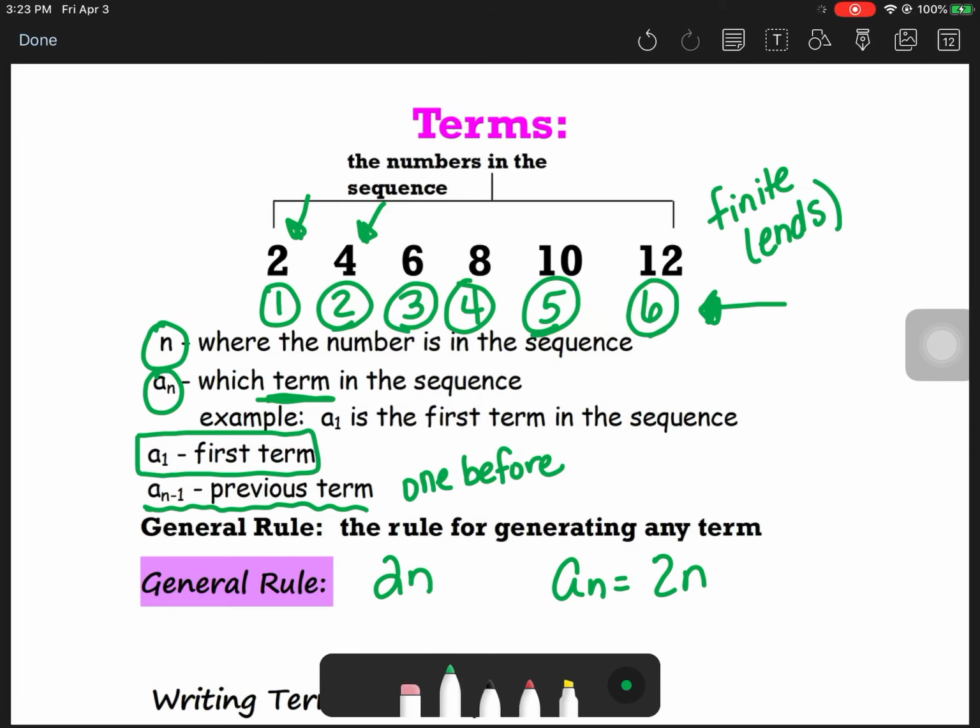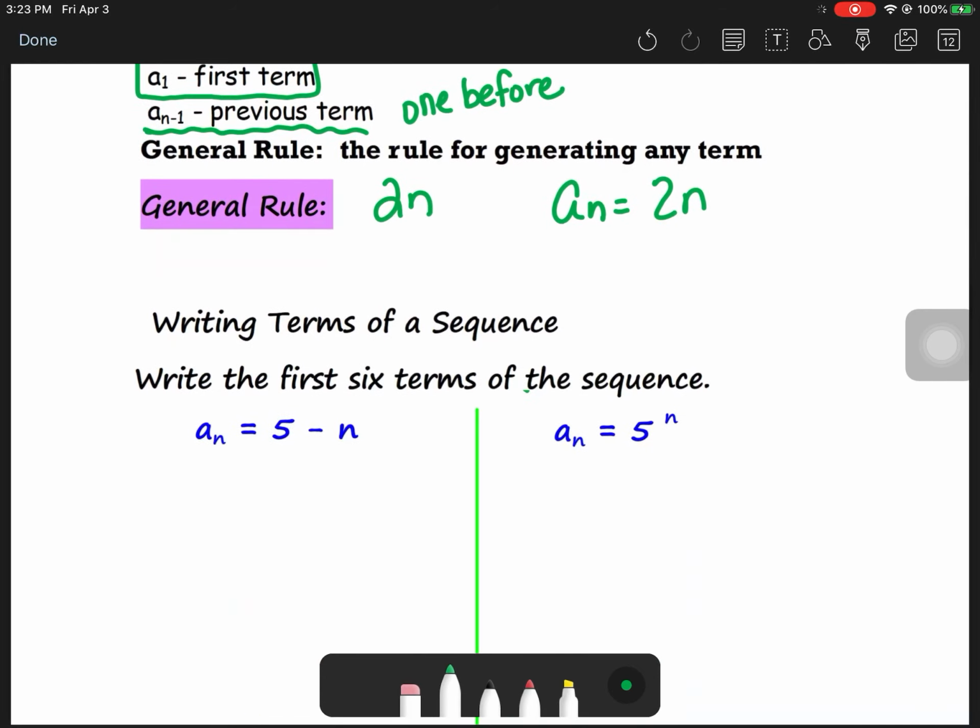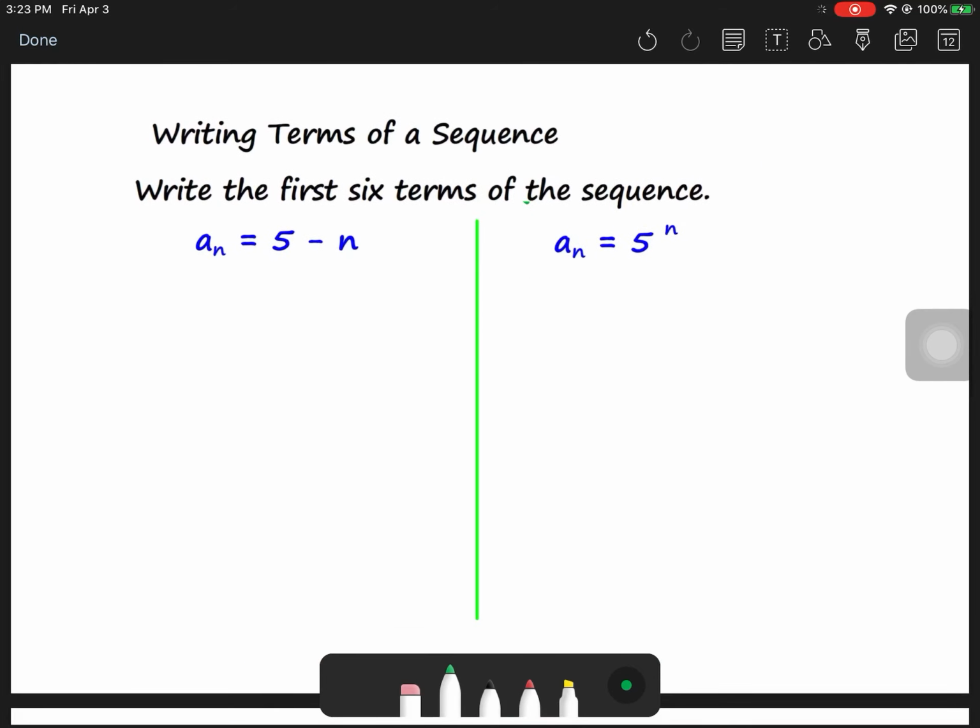All right, so let's talk about writing terms of a sequence. If I give you the pattern, I want you to tell me what the terms are. For example, I want the first term. I'm simply going to plug a 1 in where the n is, and my first term would be 4. To get my second term, I'm going to plug a 2 in where the n is, and that term would be 3.